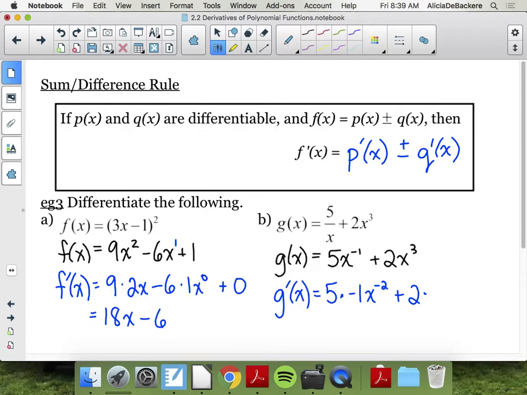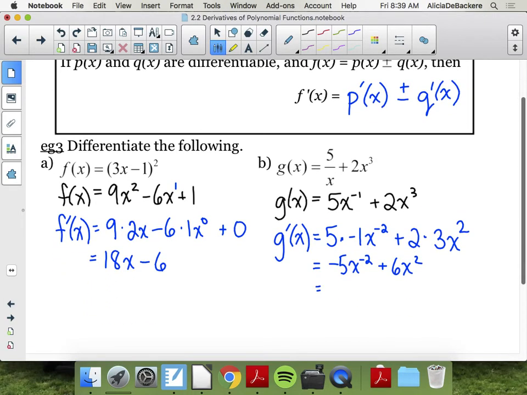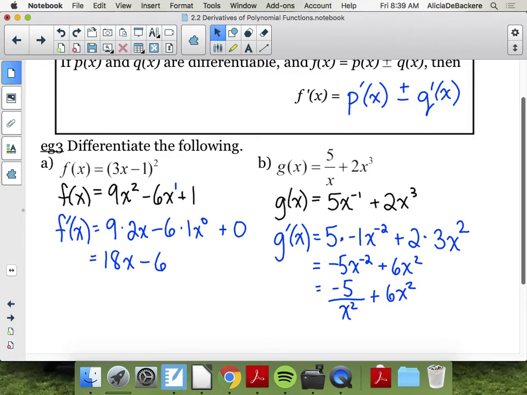Leave my coefficient out front, and then take the derivative of x cubed. And then I'm just going to simplify. And I could leave it like this, or if you'd rather, you can bring that negative exponent into the denominator and write it like that.